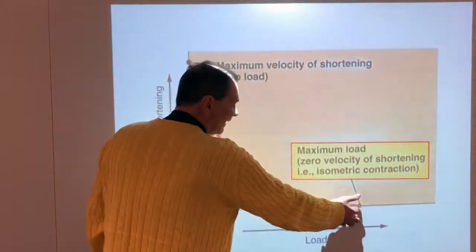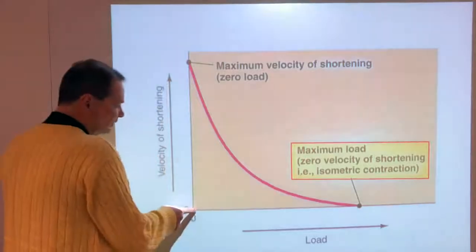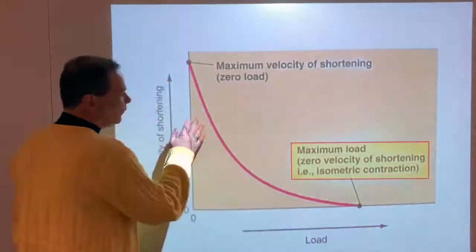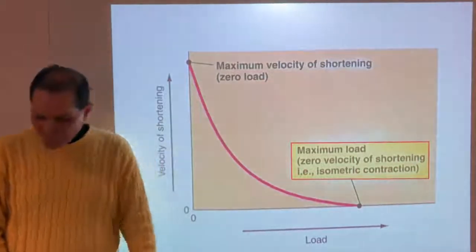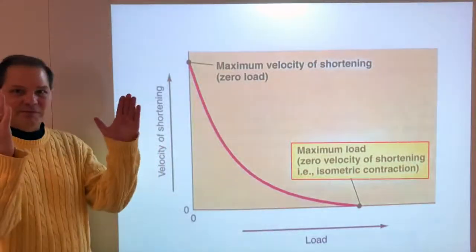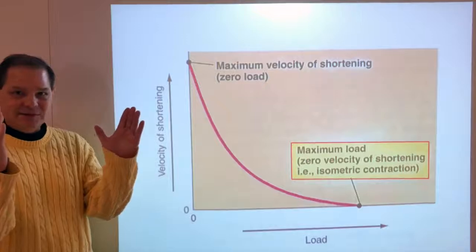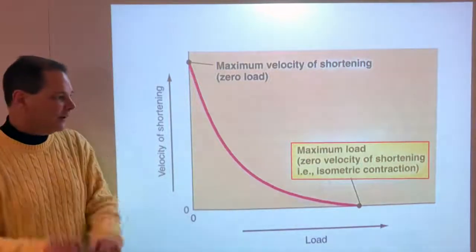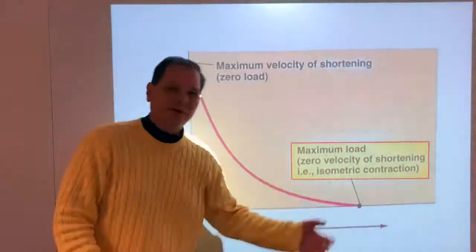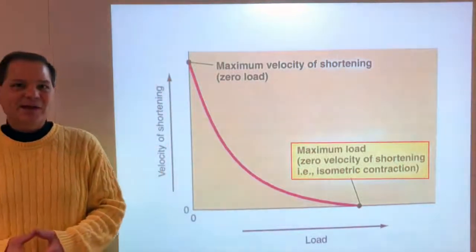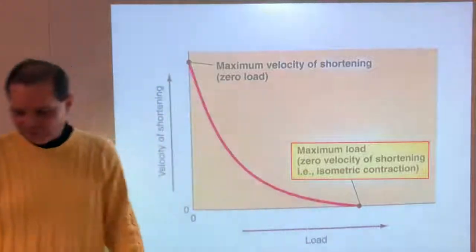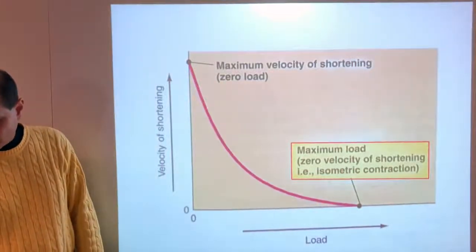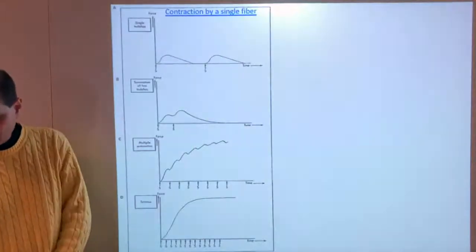It generates maximum tension with no change in length and therefore no velocity of contraction, okay? And that's where you're simply holding the muscle such that it can't shorten. You've put a maximal load on it. And so the muscle generates as much tension as it possibly can in an effort to shorten, it can't. So it generates maximum tension at that point with zero velocity of shortening.